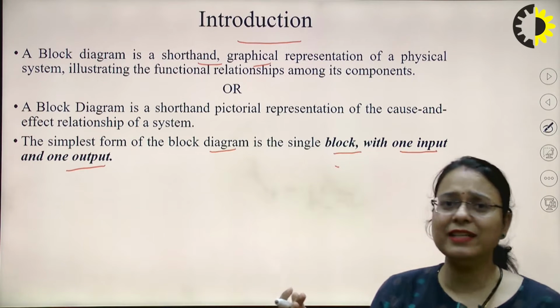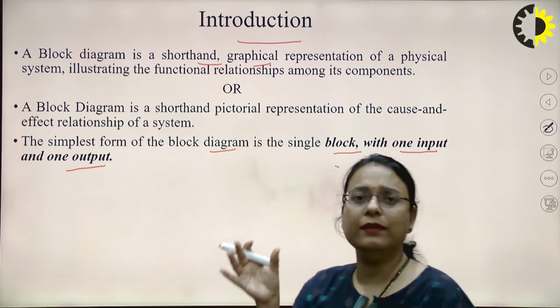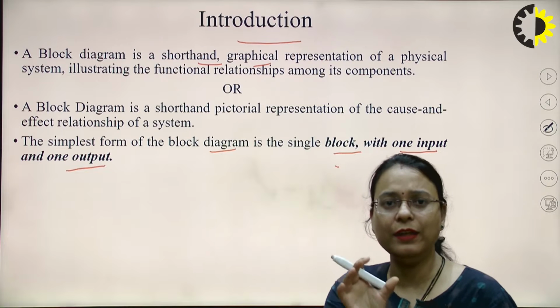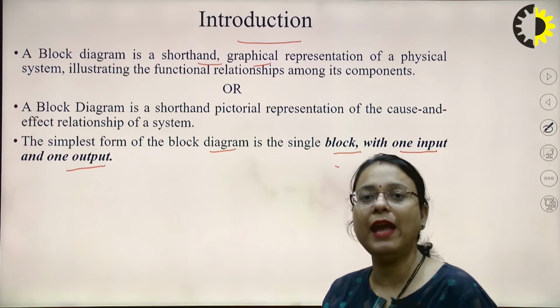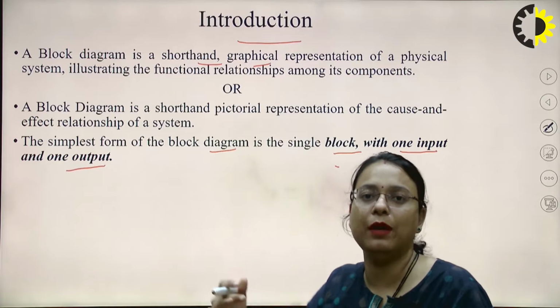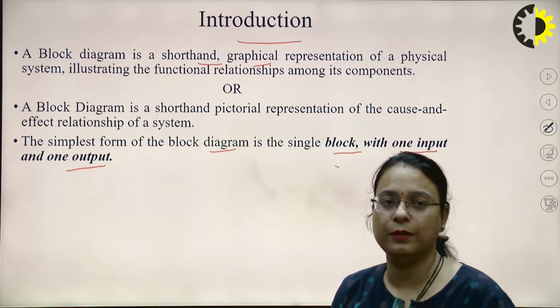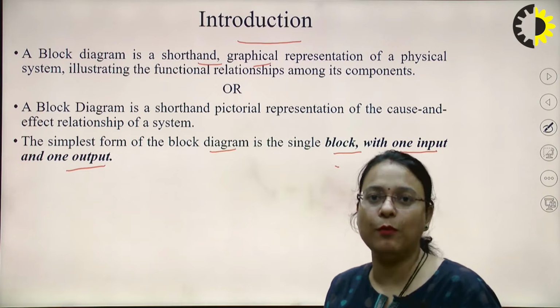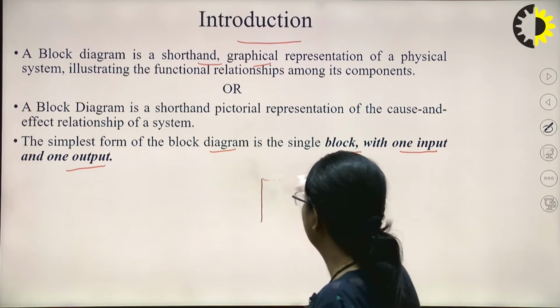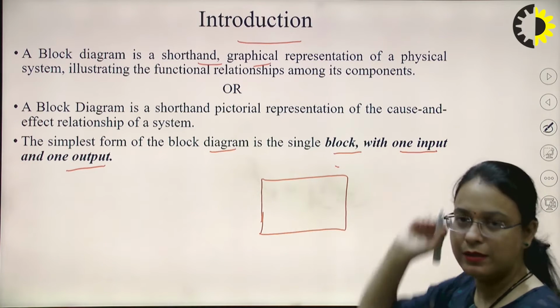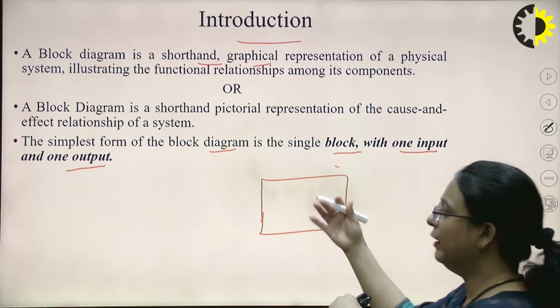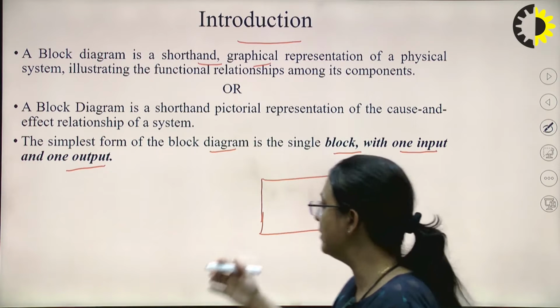In the previous lecture, I told you that a system can have a single input with a single output, that is called a SISO system, and a system can have multiple inputs with multiple outputs, that is called a MIMO system. So the simplest form of the block diagram would be a single block. A block is represented by a rectangular box. I'll tell you about this in the next slides, okay?